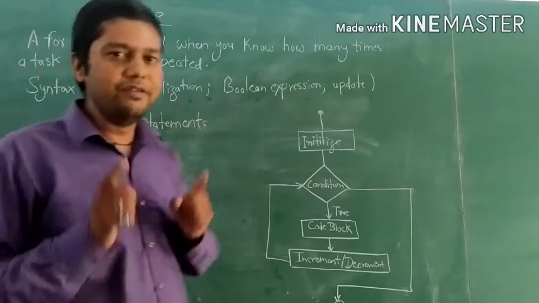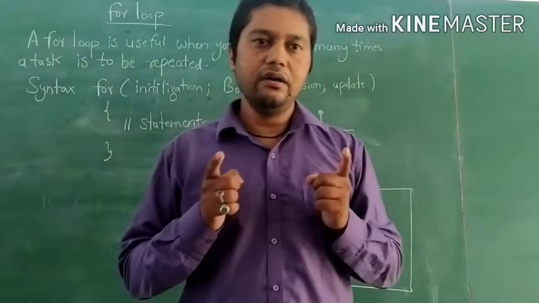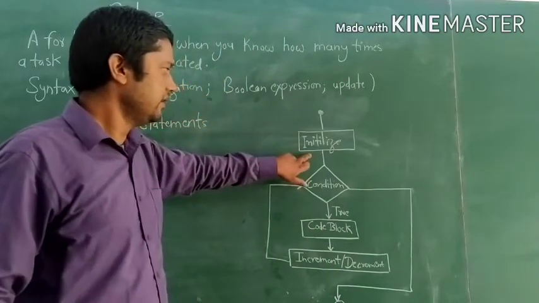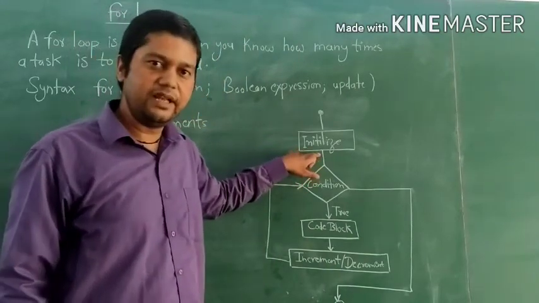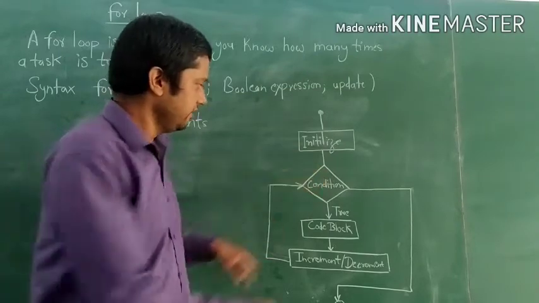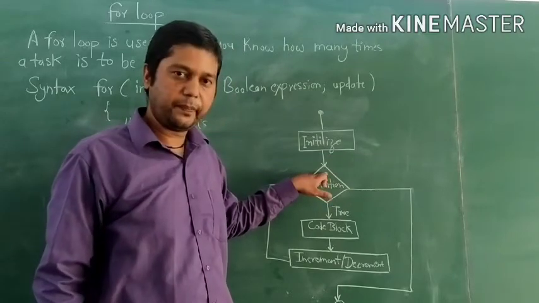Now I will show you with a flow chart. Here, first we will initialize the value. Then the condition will be checked.